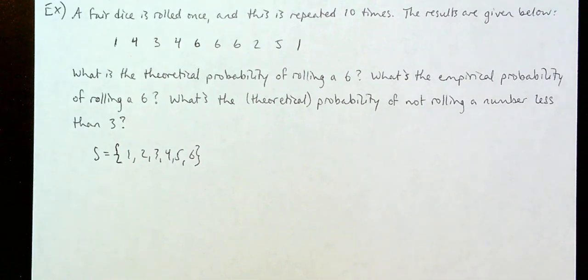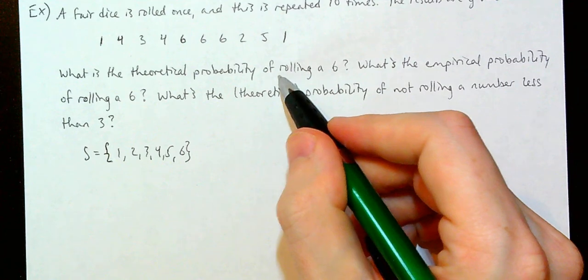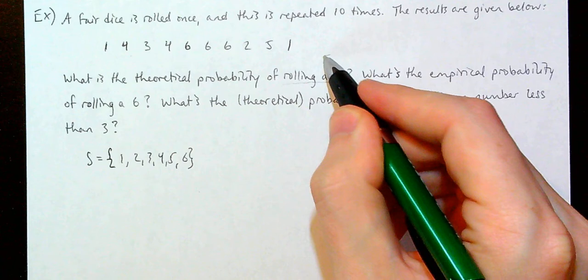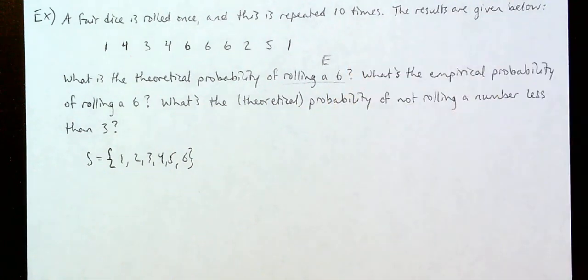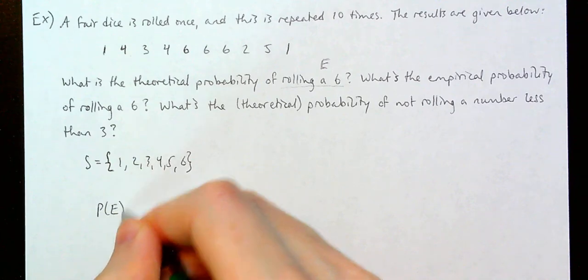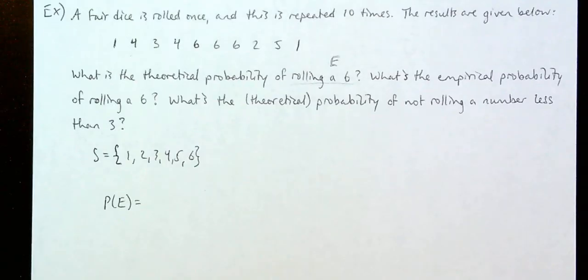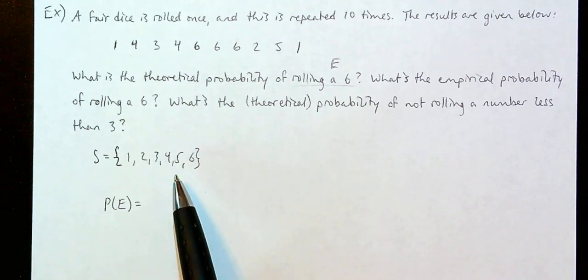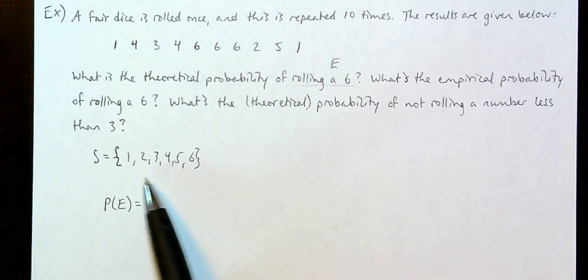So the theoretical probability of rolling a 6, in this case, rolling a 6 is going to be our event E. And by our formula for theoretical probability, P of E is the number of times that E occurs divided by the number of outcomes you can have in your sample space.